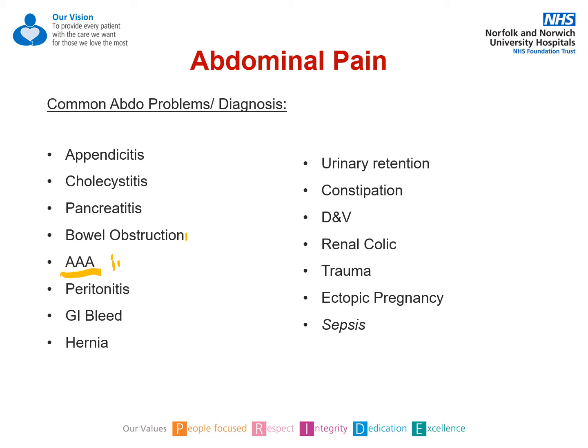This might be a blocked catheter, or it might just be that they're in retention and they just can't pass any urine. It can be so painful, and for this we tend to use the bladder scanner we've got in the department. You'd probably see a really distended, bloated, full lower tummy.